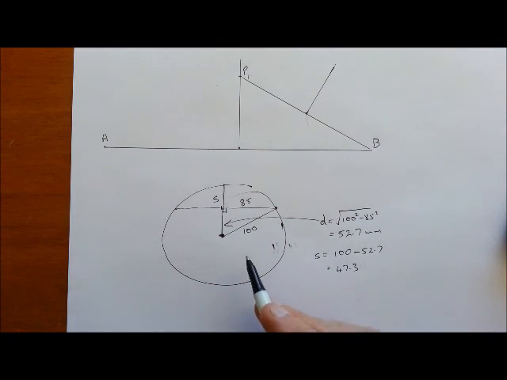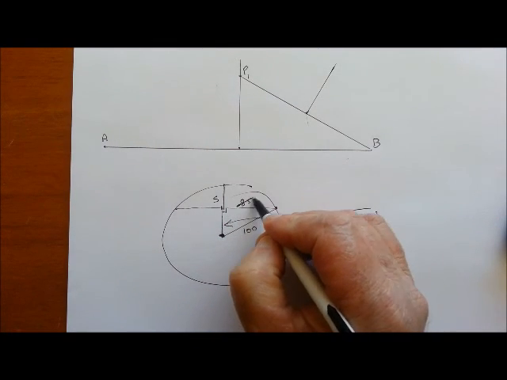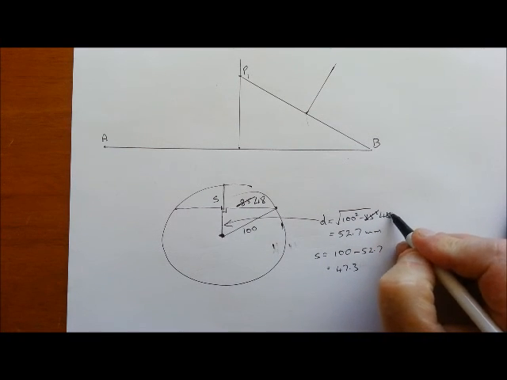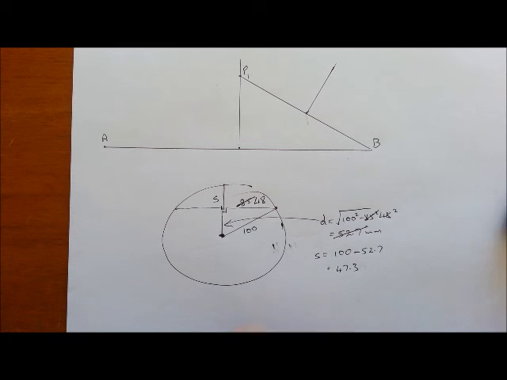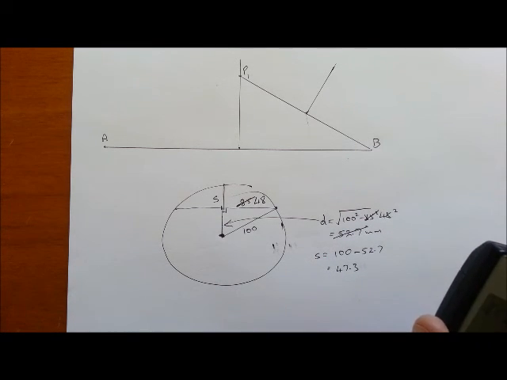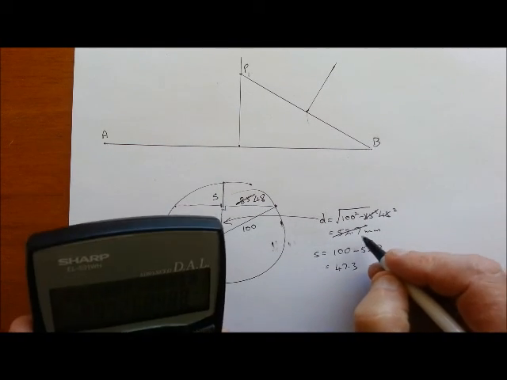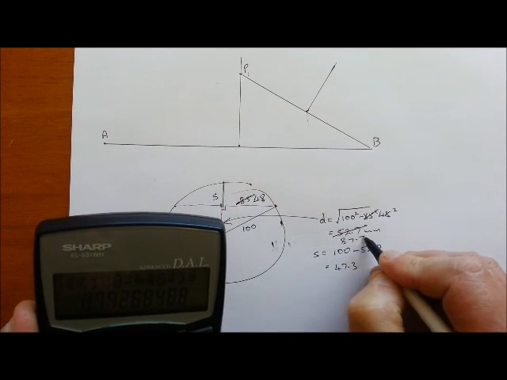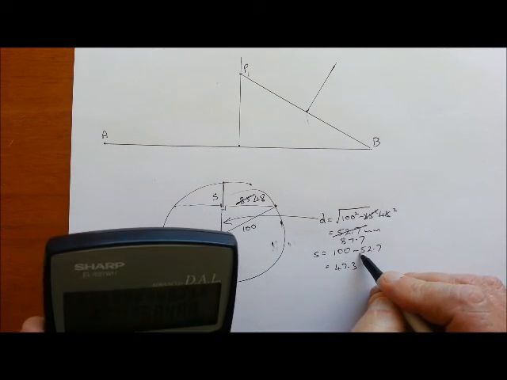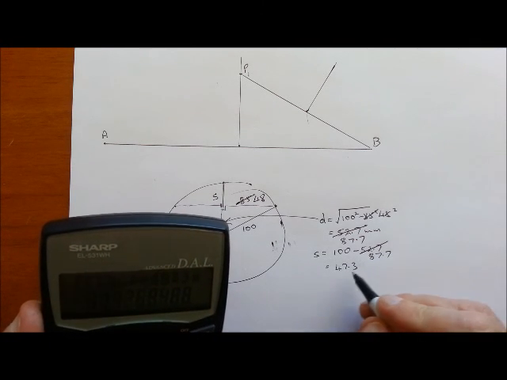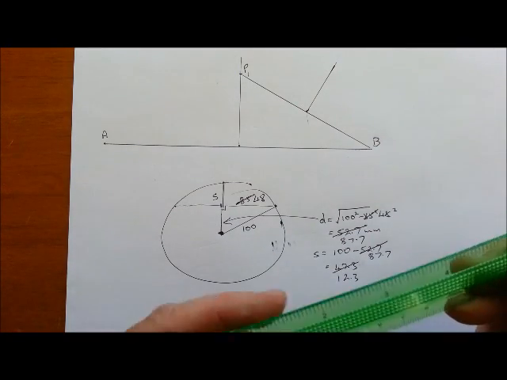And it's going to be similar to this, only that number's not going to be 85 anymore, it's now going to be 48. And that's going to change that to 87.7, which means that S will be 100 minus 87.7, which is 12.3.